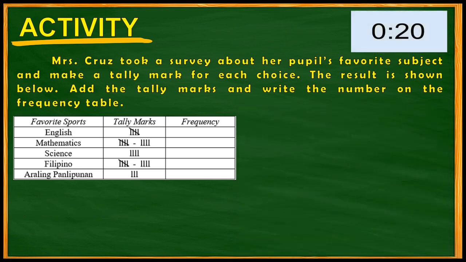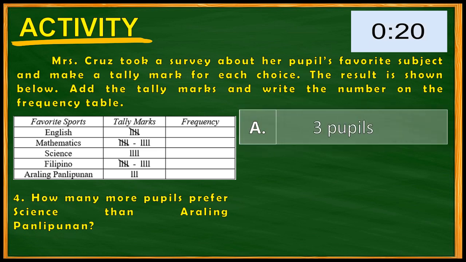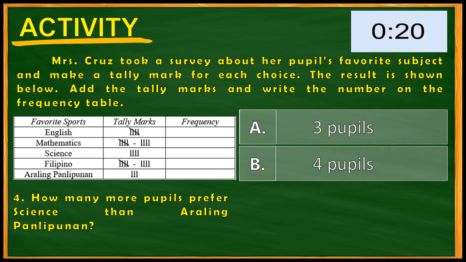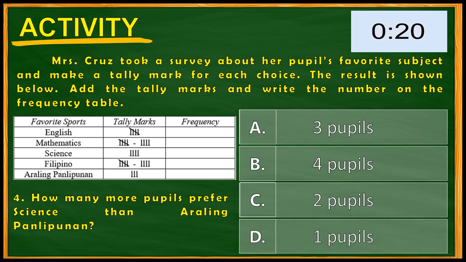Next, for number 4, how many more pupils preferred science than Araling Panlipunan? Is it letter A, 3 pupils, B, 4 pupils, C, 2 pupils, or D, 1 pupil? This should be 1 pupil, not including the s. So you have 20 seconds.